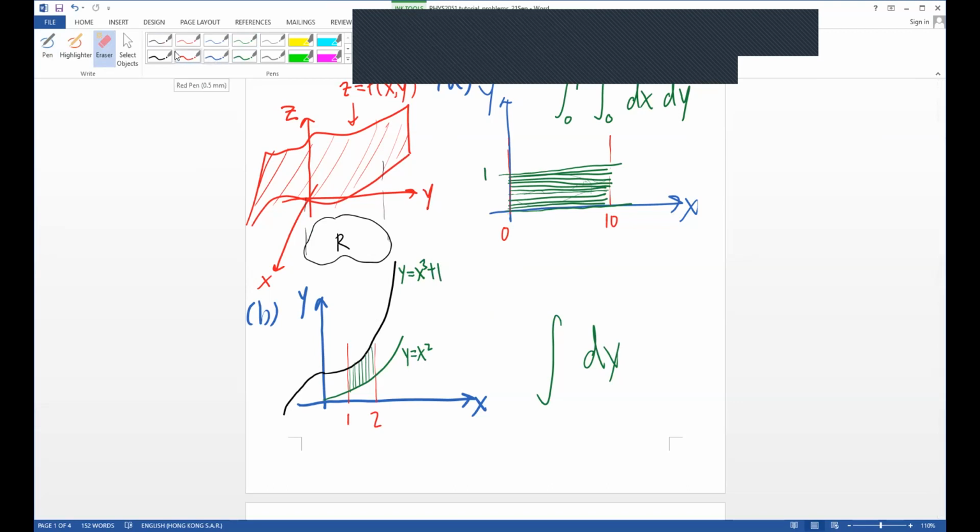The lower limit, for a particular value of x, is here. If you are at some x value here, then your y value at this lower limit is x squared.